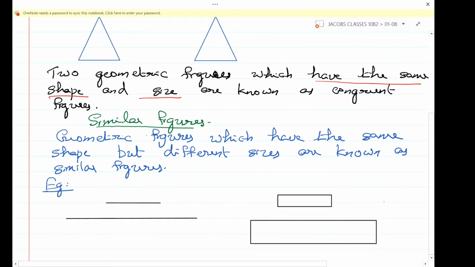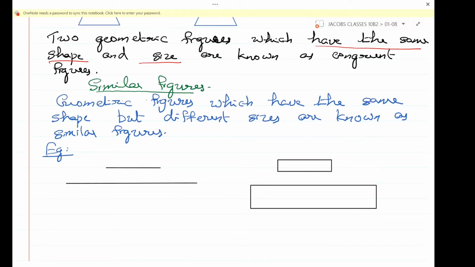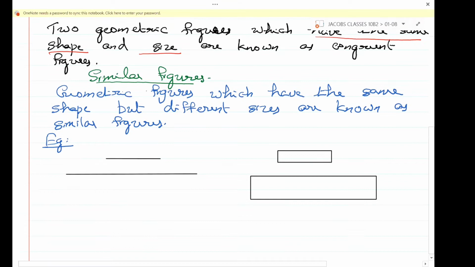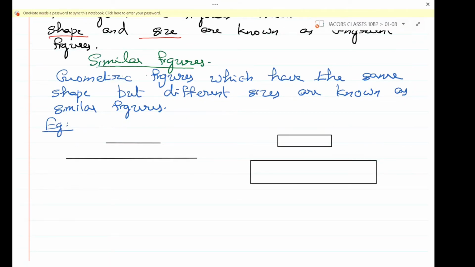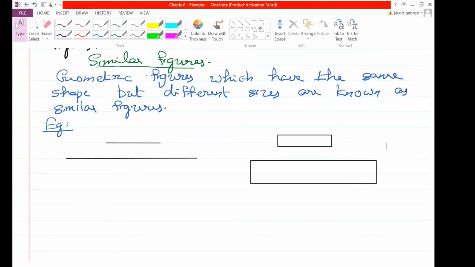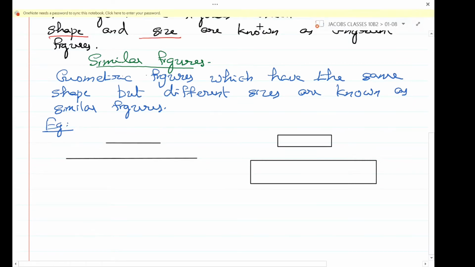Okay, so these two are of the same shape. Shape is rectangles, but size are different. So this is another example for similar figures. Geometry is visualization. So you have to understand the concept well by visualizing the things.